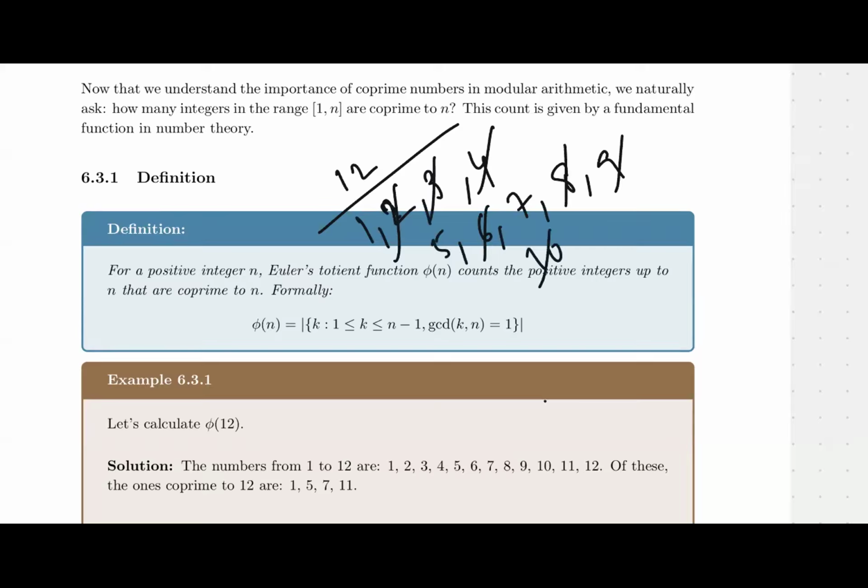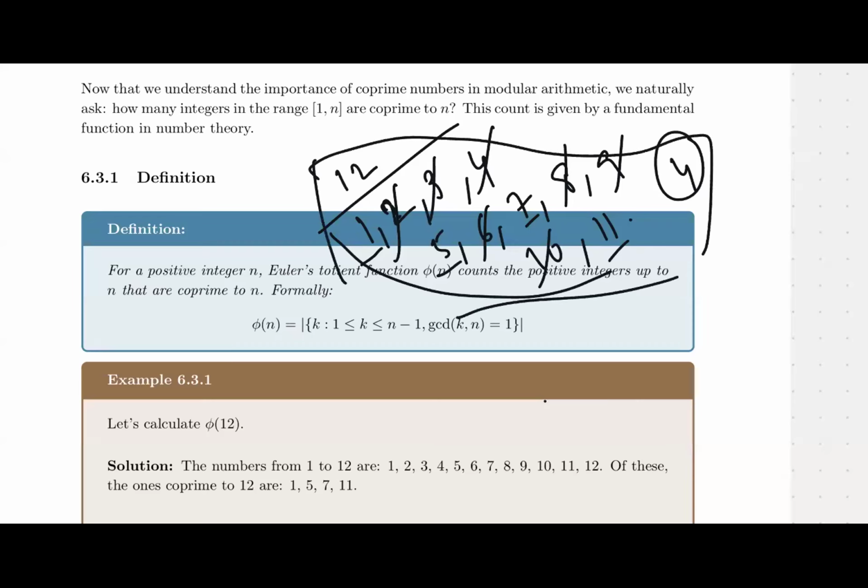So it is 1, 5, 7, 11, which is 4 integers coprime to 12, which means phi of 12 is 4.